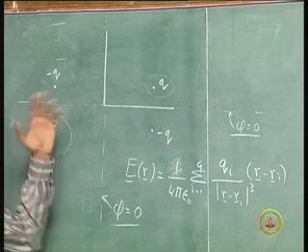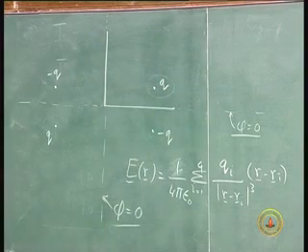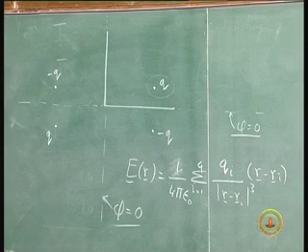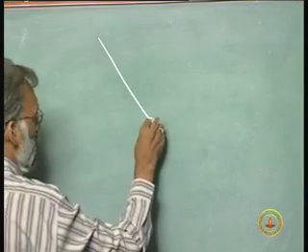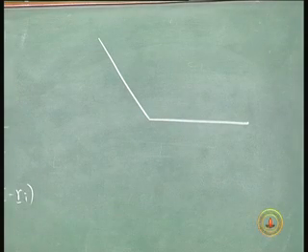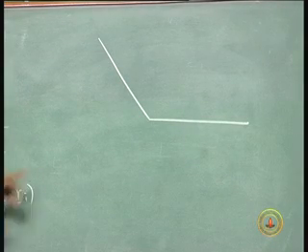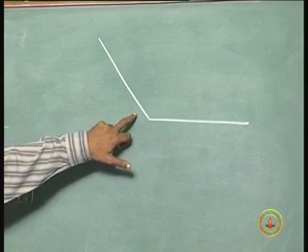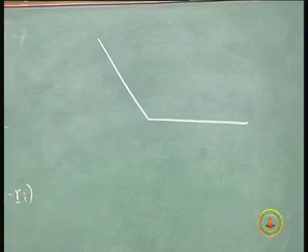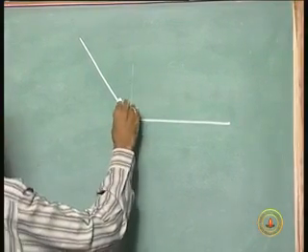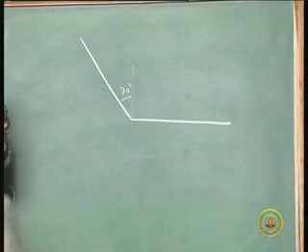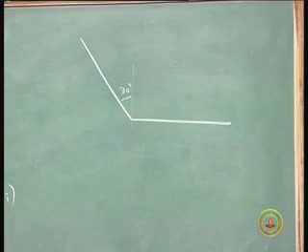Now, we can try to do the same problem for a geometry like this. Let us say this is 30 degrees. So, it is 120 degrees.